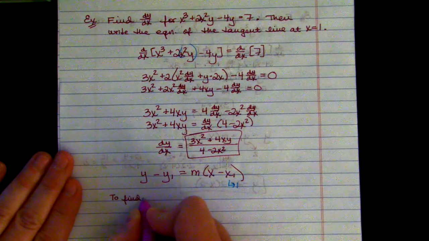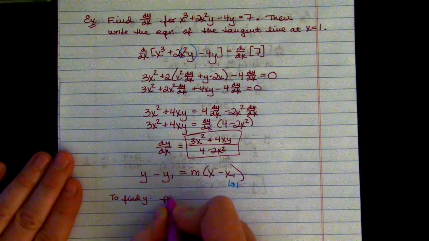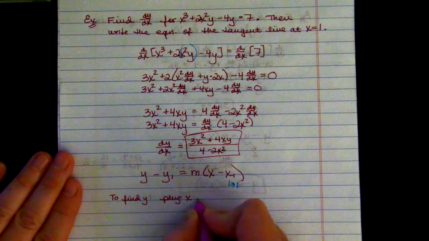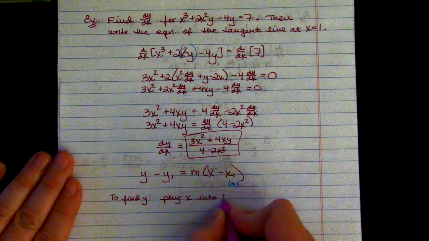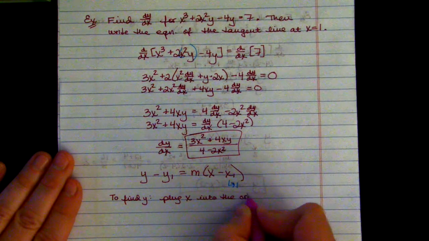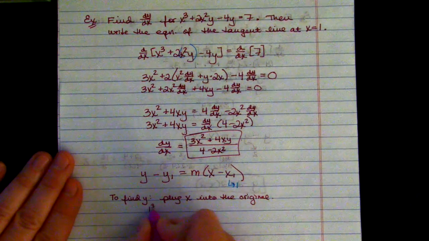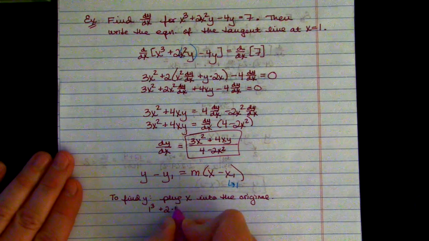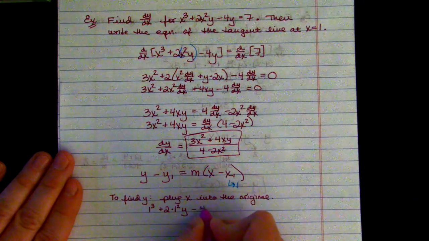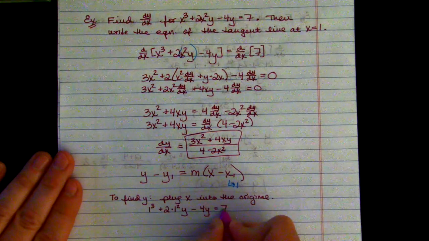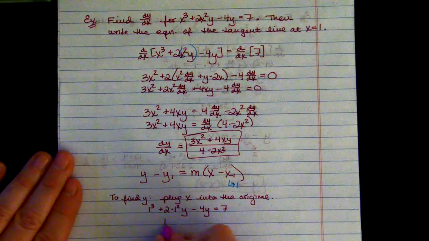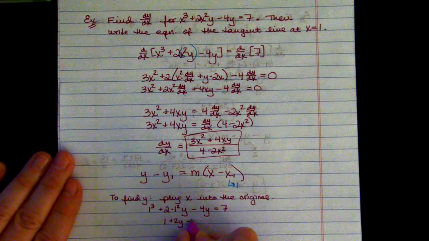To find y, I'm going to plug x into the original. That's going to give me 1 cubed plus 2 times 1 squared times y minus 4y equals 7. 1 plus 2y minus 4y equals 7.